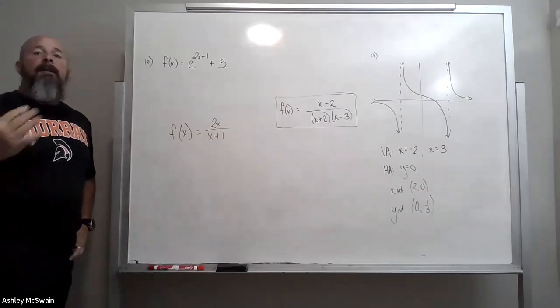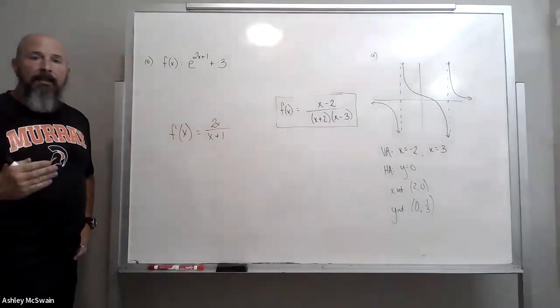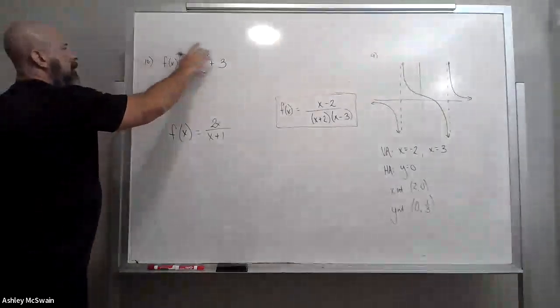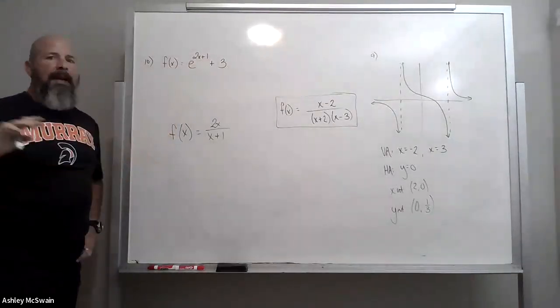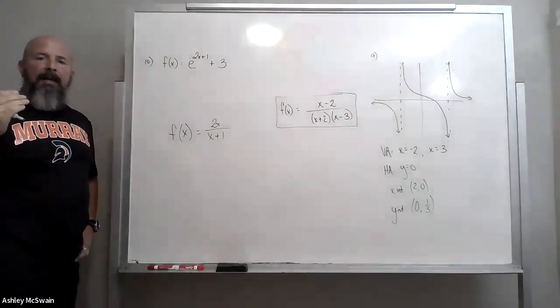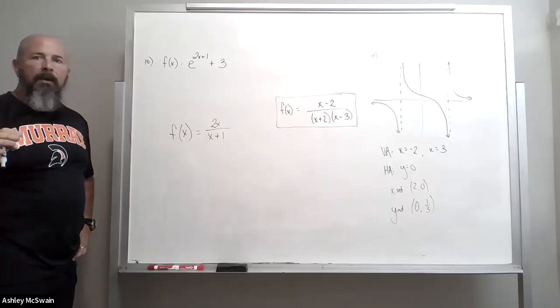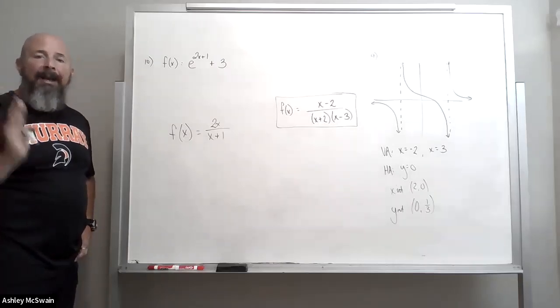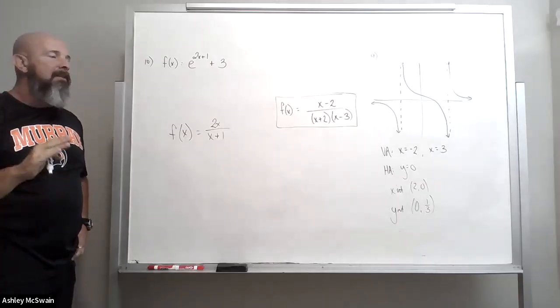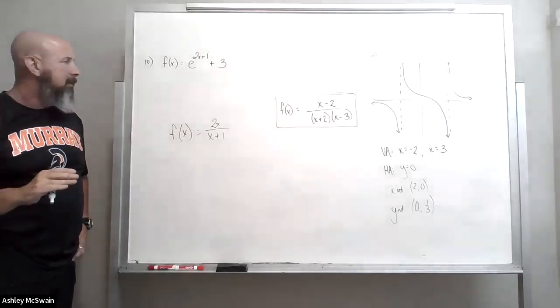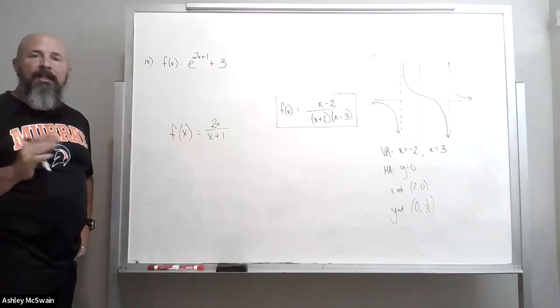This is bringing in the idea of the exponentials with this piece. Looks a little worse, but the idea of finding an inverse of an exponential tells me it's going to be a logarithm. Exponentials were inverses of logs. Logs were inverses of exponentials. It's not changing how I do this.